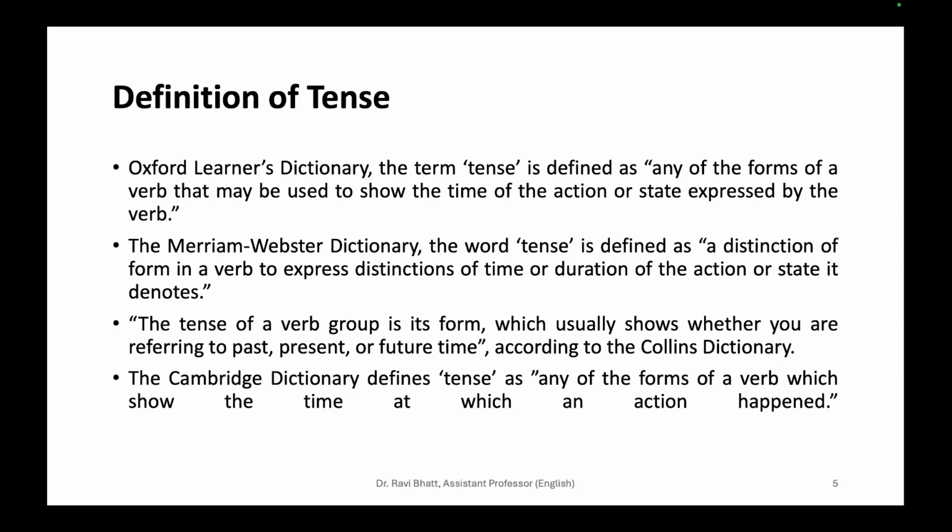And then Collins Dictionary says the tense of a verb group is its form, which usually shows whether you are referring to past, present, or future time. And what Cambridge says about tense is any of the forms of a verb which shows the time at which an action happened. This might help you understand what exactly tense is.